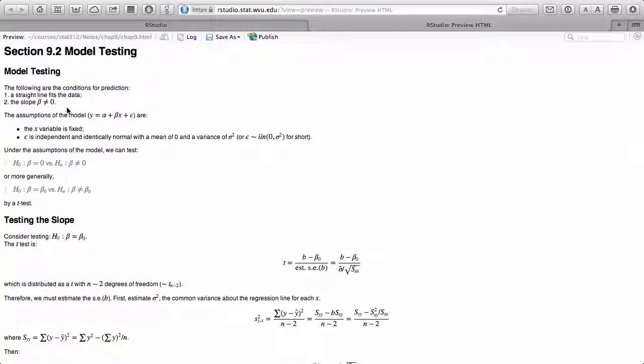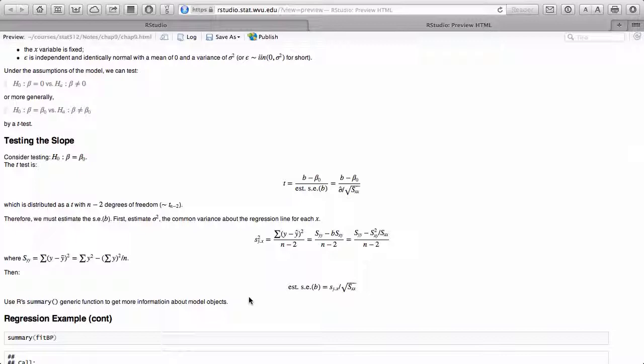Maybe we need a curved model or something like that. So we need to check all these assumptions. So how can we test this? With a t-test. So in chapter 8, we talked about t-tests. And basically, if you were testing mu equals 0, what was a t-test?